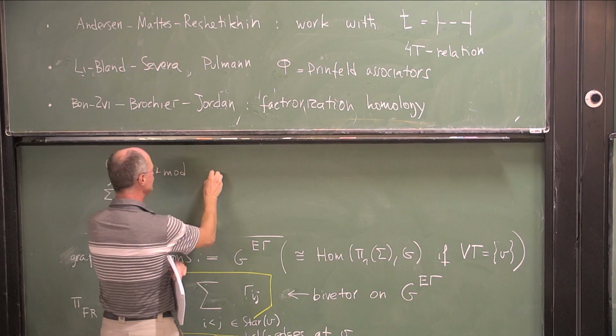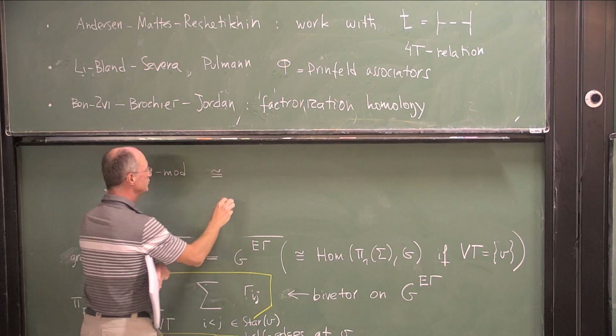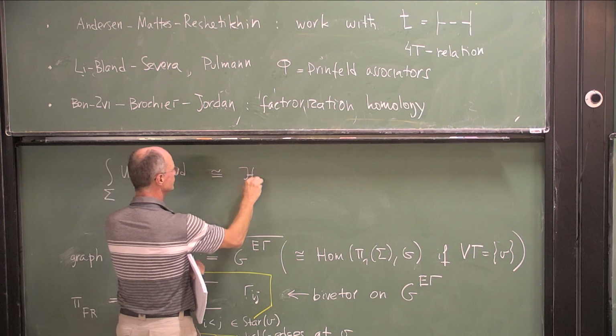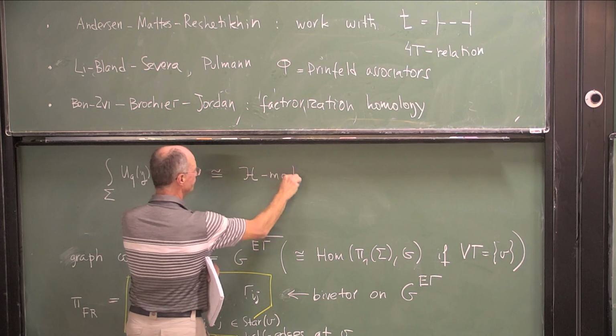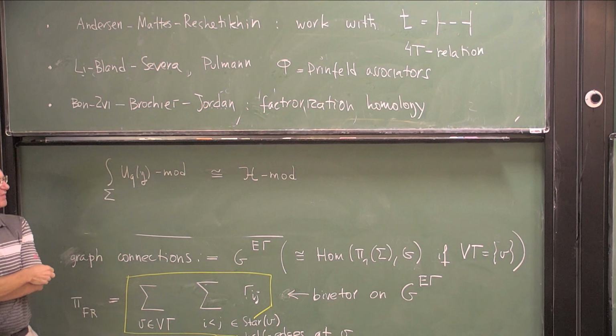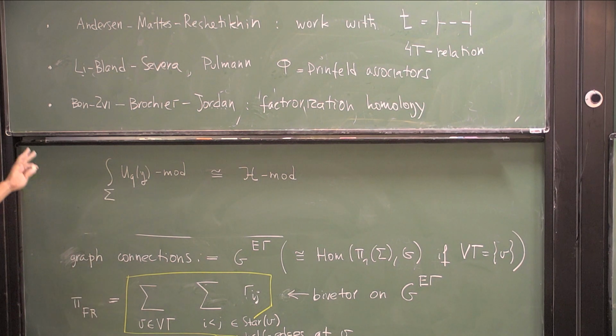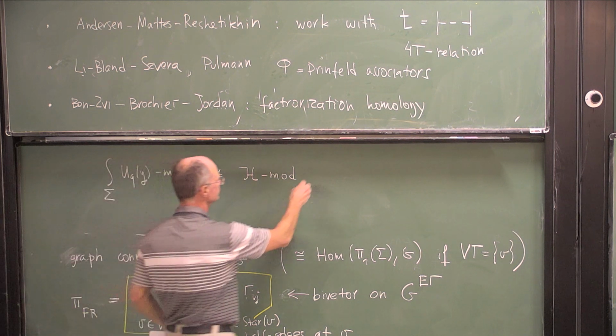But what is interesting, they proved this theorem, maybe with a boundary, probably with a boundary, that this is isomorphic to a representation category of this algebra H that I explicitly described before.